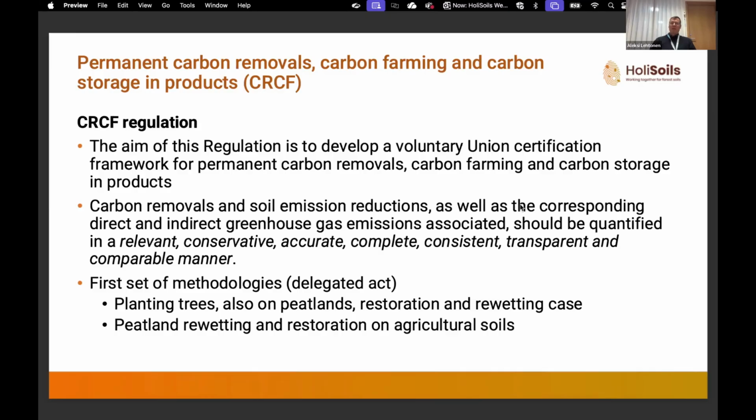And then there is also peatland rewetting and restoration on agricultural soils. But this means that there will be new methodologies coming in the future, maybe not next year, maybe the year after, which may include actions like improved management of forests, while the current set of methodologies is more focused on agricultural lands.